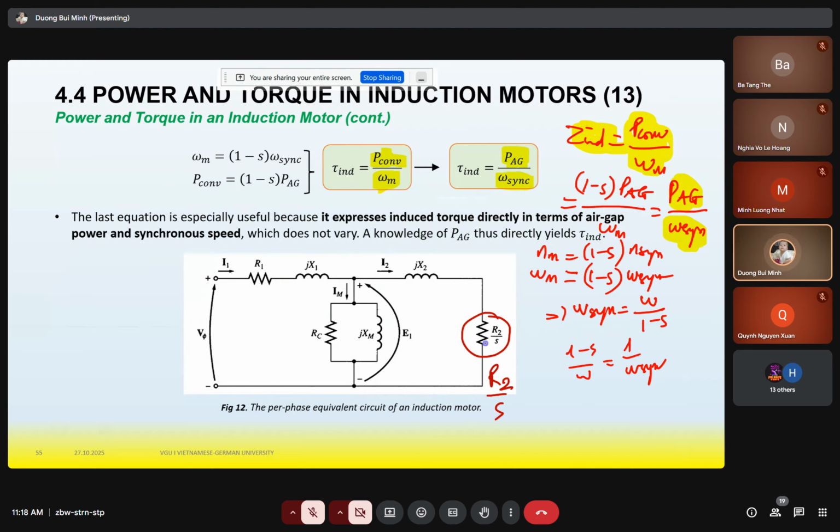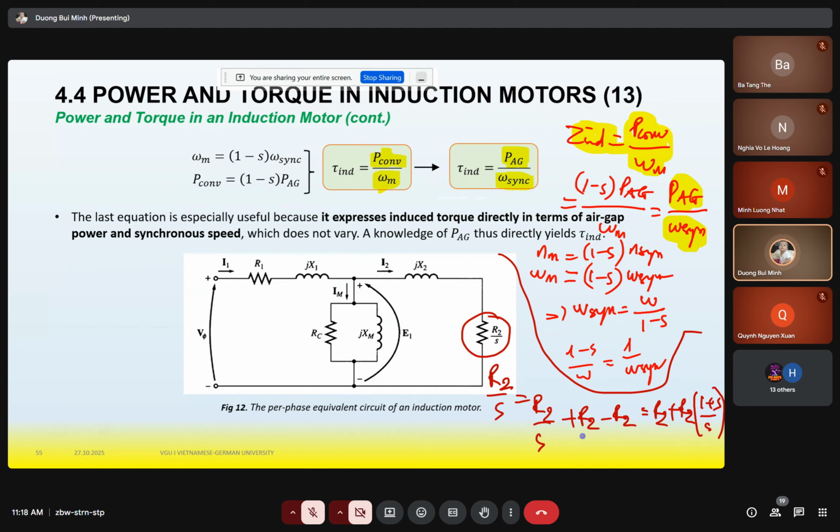So if I modify R2 over S to become R2 over S plus R2 minus R2, it's the same. Okay, so continue. So that means I get R2 plus R2 times (1 minus S) over S. Do you repeat me?